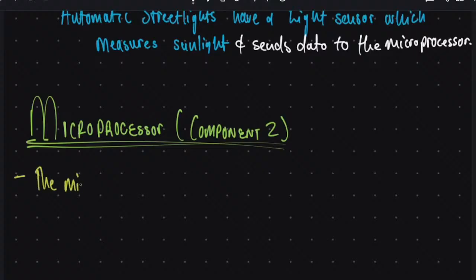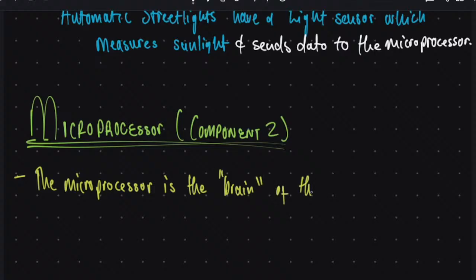So write this: the microprocessor is the brain of an automated system.